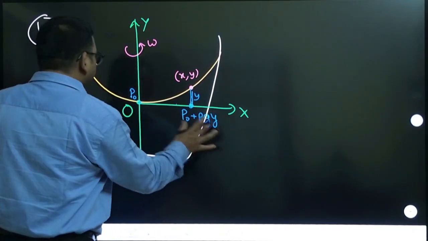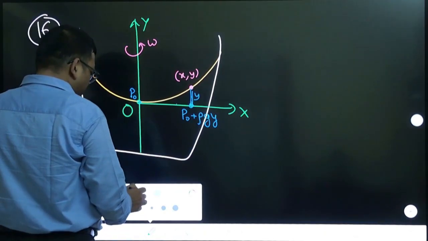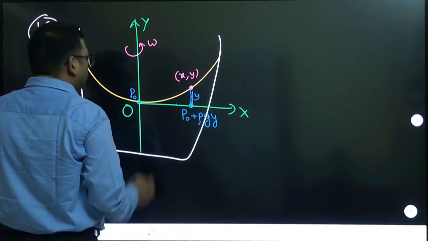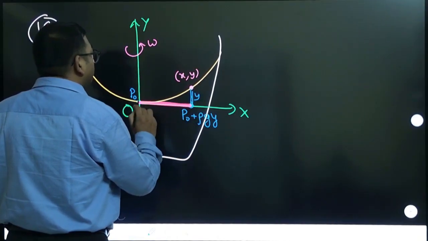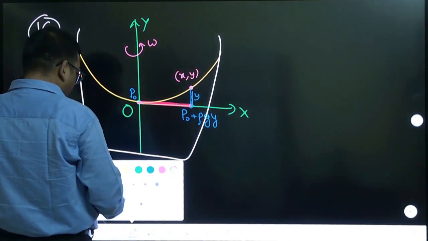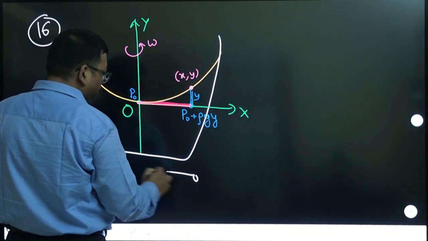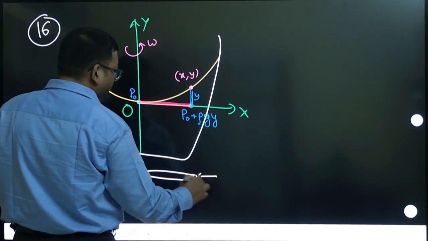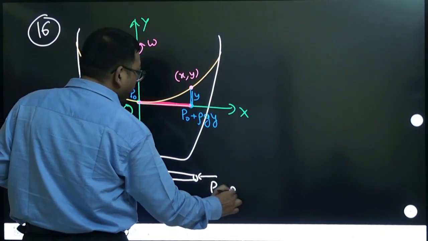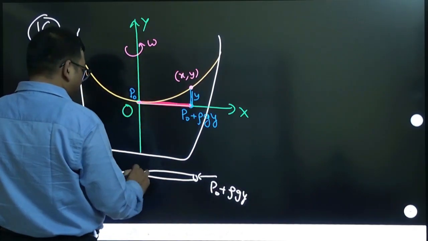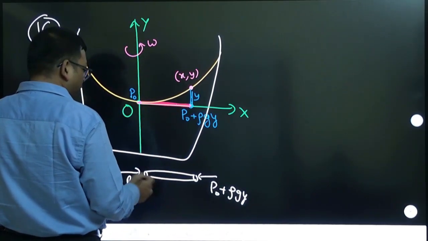Now you can consider a column here like this, a very, very thin column. For this thin column, there is a pressure difference, right? Here pressure is P naught plus rho gy. Here pressure is P naught only.